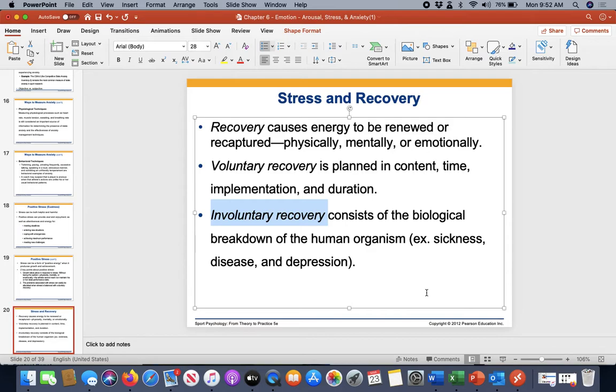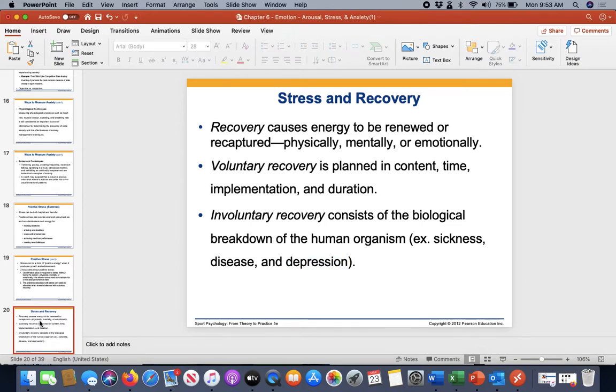That doesn't mean cough, cough sick. It just means they're showing signs and symptoms of breakdown. Then it can lead to even depression, so now you're talking about mental sickness. That's where we need to be aware of it. Plan that recovery time, and you perfect the recovery, and you'll perfect the performance, and that's really important.